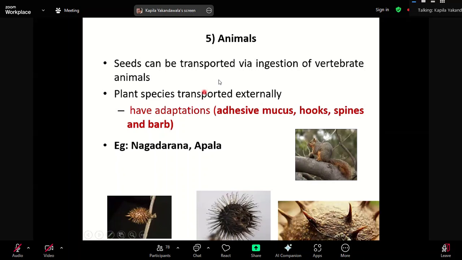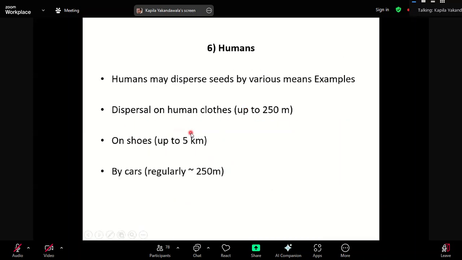Then animals, wild animals like wild boar or deer. In certain plants, they have hooks, so they can attach to the animals so that it can move away from the mother plant. Then humans sometimes carry seeds knowingly or unknowingly.